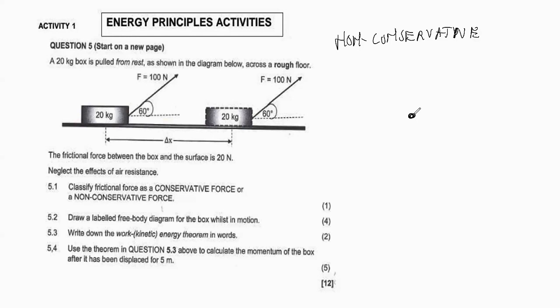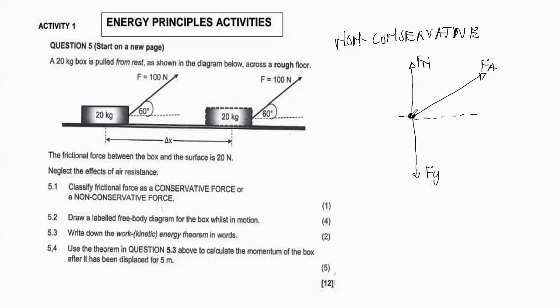So we want to start with our gravitational force going downward like that, and then up there we have our normal force, and then this is being pulled at an angle, so this will be our force applied. Then you can show the angle if you want, or you just leave it like that.